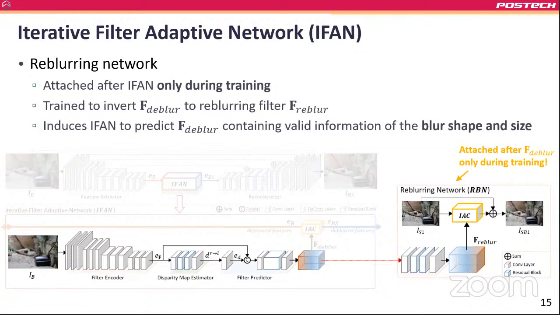Then this reblurring network can help to train our IFAN model to predict a more accurate deblur filter. In summary, we have this network structure, and by having the disparity estimator and reblurring network parts, we can obtain better performance.